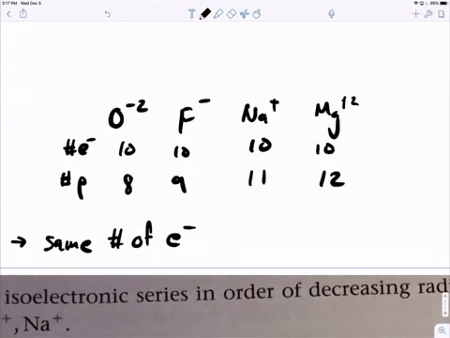If you look at these species, they all have 10 electrons.